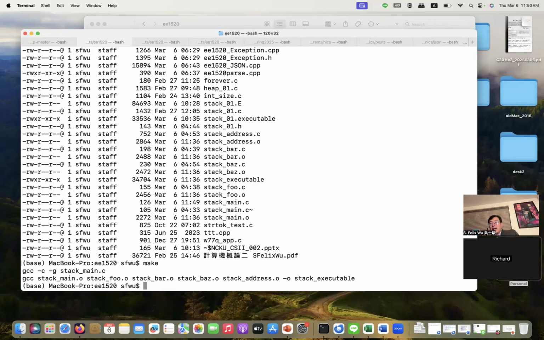It will first trigger the rule that generates stackman.o, which is the first line. And then it will trigger the other rule, which generates the stack executable. Okay. All right.